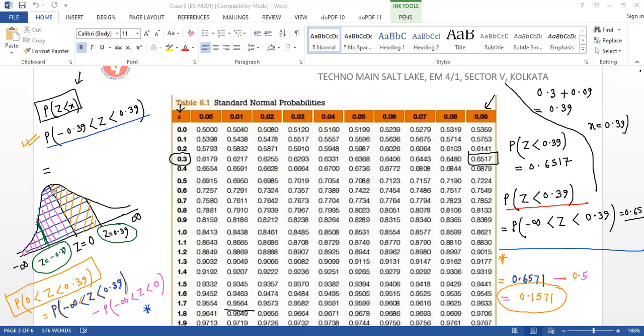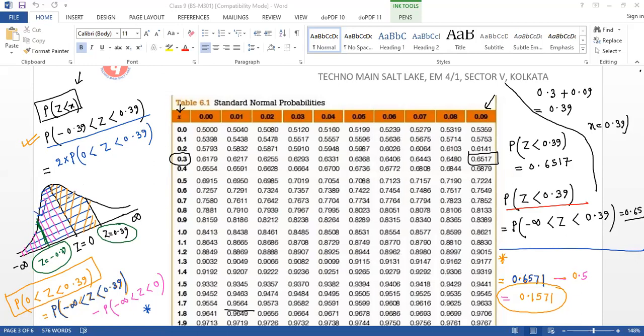But as you know that normal curve is symmetric about z equal to 0, and 0.39 and minus 0.39 are equidistant from z equal to 0. So this particular expression that I have ticked over here can be written as twice the probability of z lying between 0 and 0.39. Why?